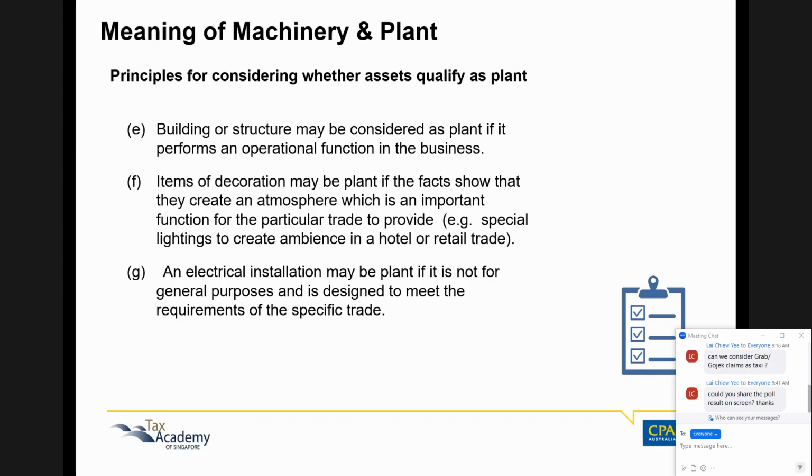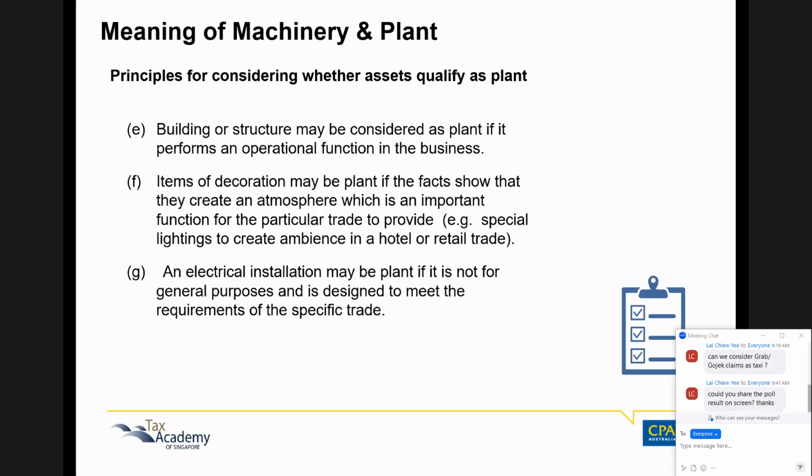I can say this one's a bit debatable. Another example that we have seen before, which I think is also in a case law: if I ask you, a ship, is it a plant? You think yes, it's transportation, right? But in this case, the ship is actually used as a floating restaurant.